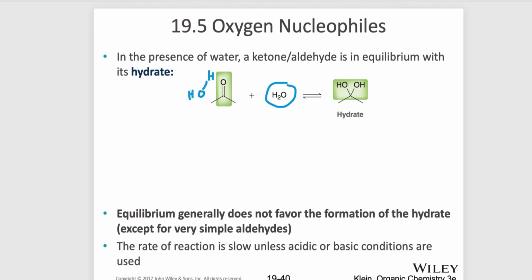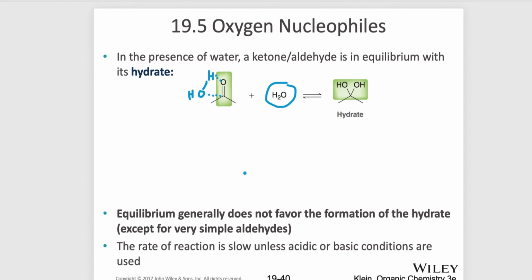And basically, we are adding a molecule of water where a new bond is made between the carbon and the OH group, and then oxygen and the hydrogen. And there you are, you have your hydrate.